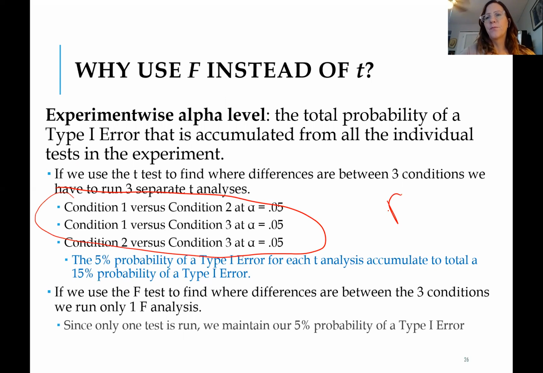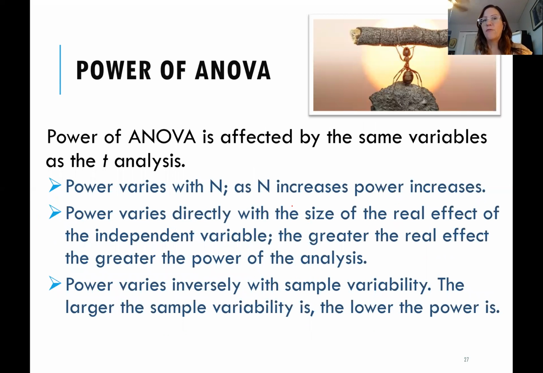So with F, we only have 0.05 risk, so a 5% risk. But with a t-test, we have 0.05 for every single test we'd run, which would add up to 15% probability of a type 1 error. So that's why we run the overall ANOVA and then post hoc tests, because it accounts for that potential of error. So overall, ANOVA has the same effects of power as the t-tests.